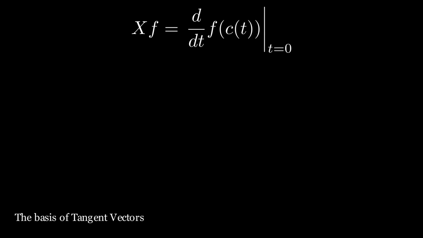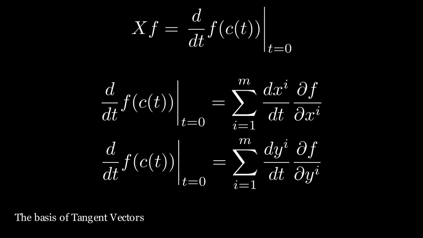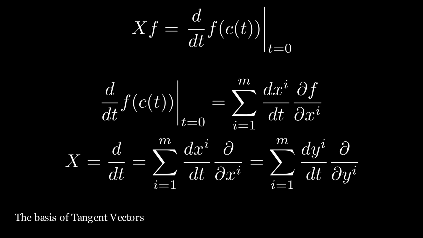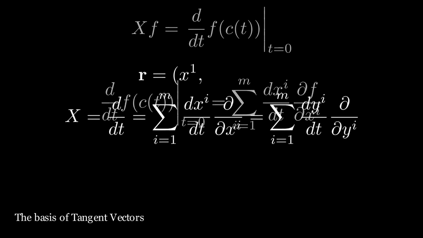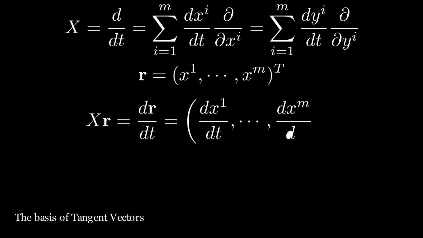This is a coordinate-independent definition. By using our knowledge of partial derivatives in multivariable calculus, we can rewrite the expression on the right-hand side like this. We can also write it in a different local coordinate system. Since f is arbitrary, we can define X independent of f like this. This is an element of the tangent space. When applied at a point P, located at r, this can be interpreted as a velocity vector.